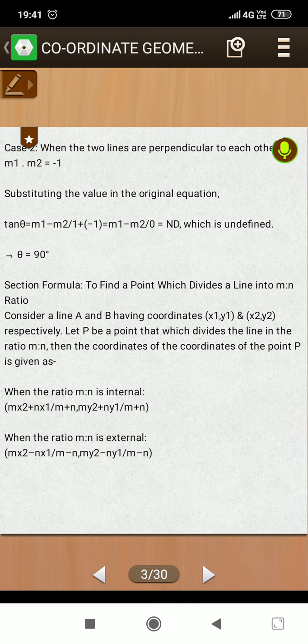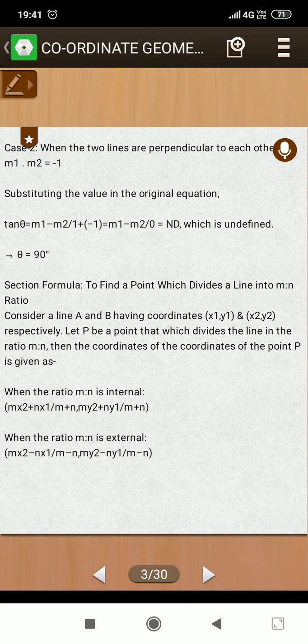Going to the next slide. Here, this is the rule of the section formula we can use anywhere throughout coordinate geometry. This formula is useful to us. This is the section formula internally and externally, and also if the coordinates are not mentioned and the ratio is mentioned, you can use the formula x1 minus x is to x minus x2, or y1 minus y is to y minus y2.